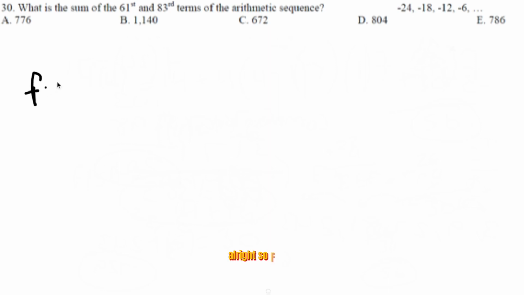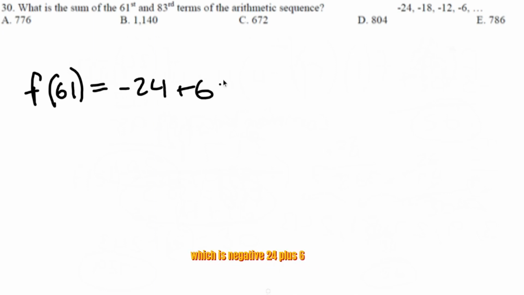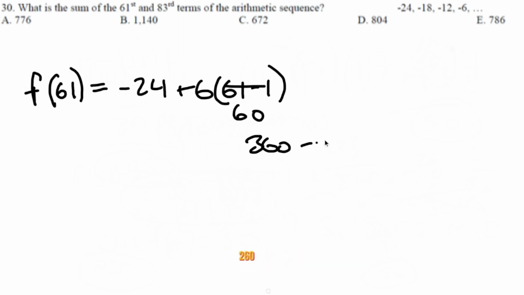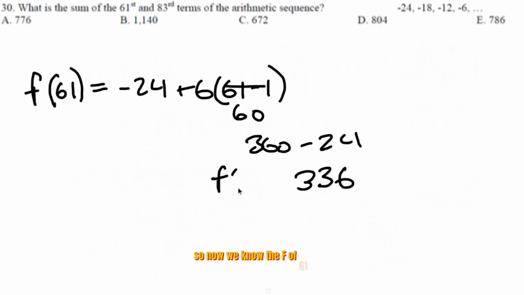Alright, so f of 61 equals the first term, or f of 1, which is negative 24, plus 6 times 61 minus 1. So that's just 60. 6 times 60 is 360. 360 minus 24 equals 336. So now we know that f of 61 equals 336.